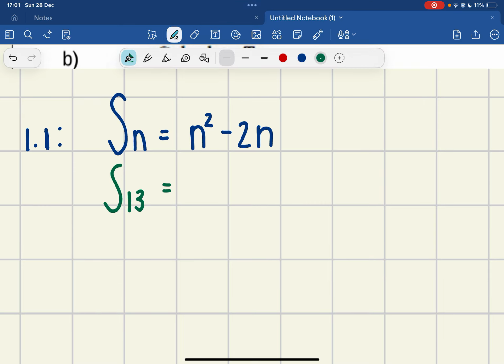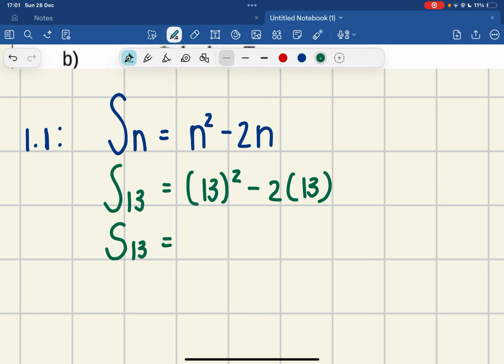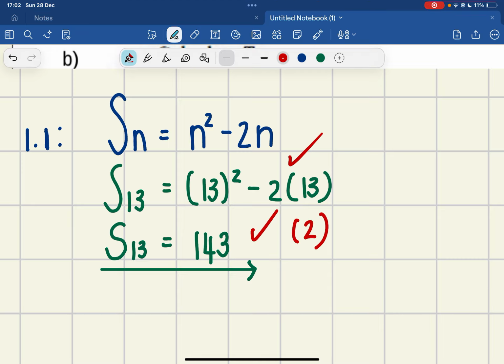So S13 is equal to 13 squared minus 2 times 13. If I plug it into my calculator, S13 gives me 143. Just double check there for me. This would be a good 1 or 2 marks, depending on how the examiner is feeling.